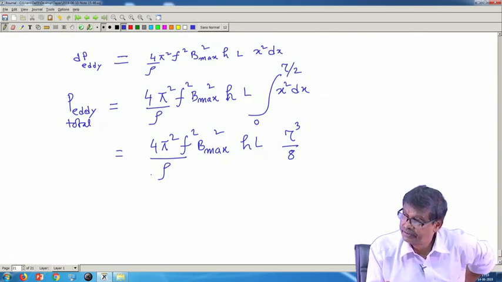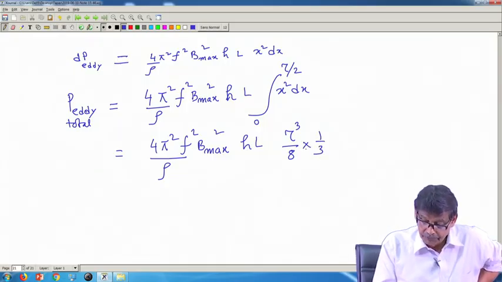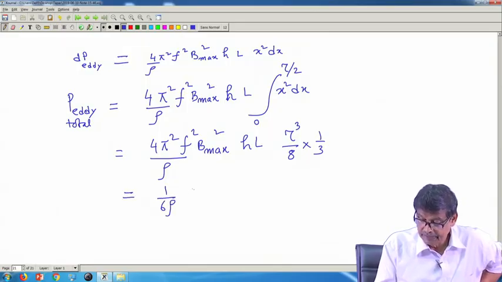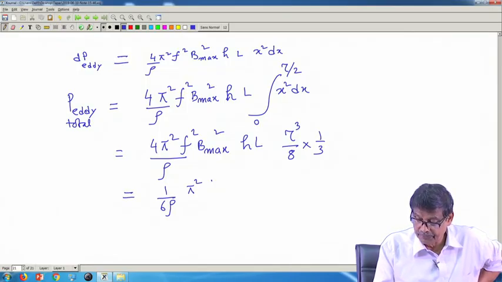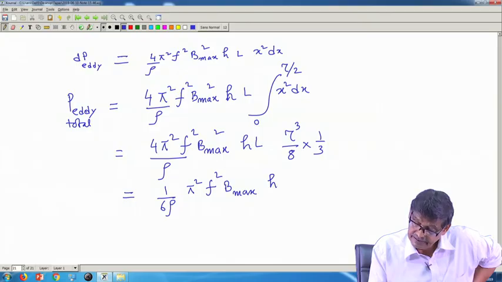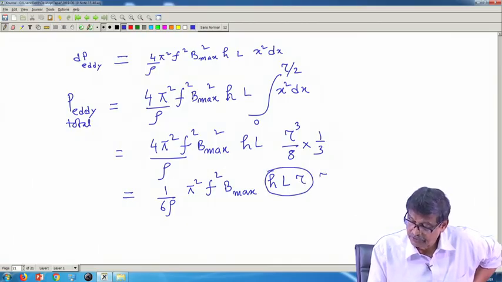Into 1/3 x cube by 3. So, this is 1 by 6 rho pi square f square B max square and h L. This tau cube I will write like this, h L tau into tau square.